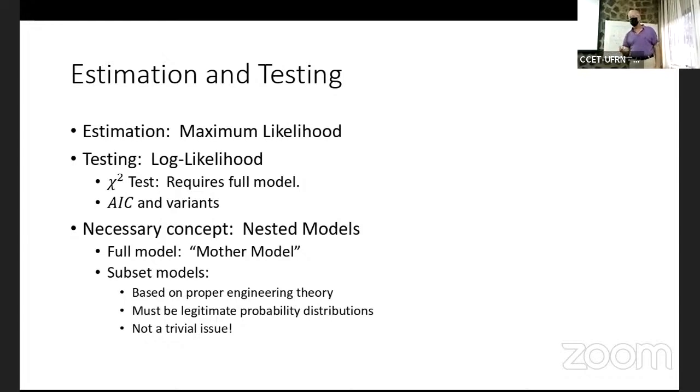AIC is very simple to explain. It's -2 times the log likelihood plus twice the number of parameters. Simple to calculate. In theory, it's equivalent to Mallows' Cp in ordinary least squares, in theory. It's got a lot of benefits. It's simple to explain relatively, and it's very powerful.